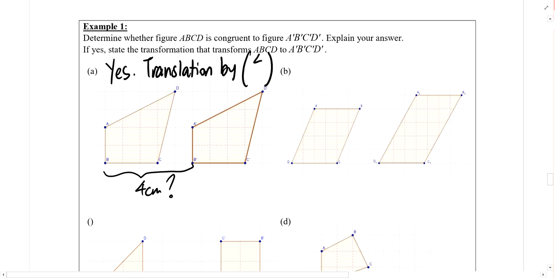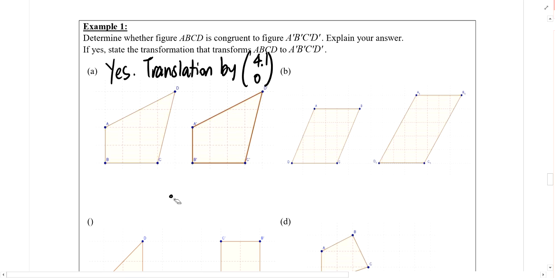Okay, let's put 4 then. 4.1, can I say 4.1? What about vertically? Does it change vertically? No, it doesn't, so 0.